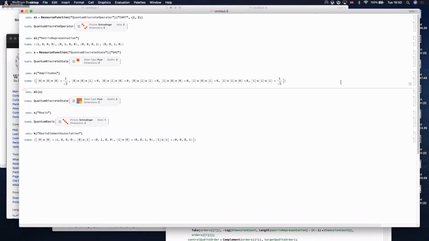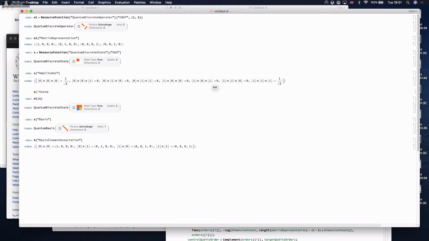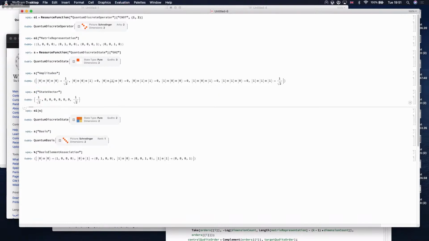The design idea, originally your design suggestion, which turned out to be a very good one, was that the minimal representation of a state or an operator is just an association, where the keys are the basis states, the basis elements, and the values give you the state vector, or the matrix, or whatever. So if we say S state vector, it will literally just return the values of the association.